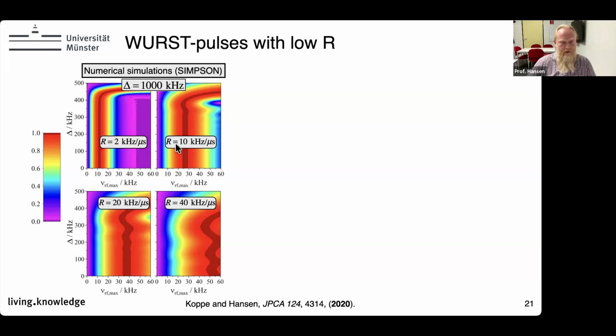But as soon as you make the pulse slightly longer, like going from 50 to 100 microseconds, it gets much better. And in the extreme case where the pulse is extremely long, you get a really flat excitation profile for a very low rate of 2 kilohertz per microsecond.